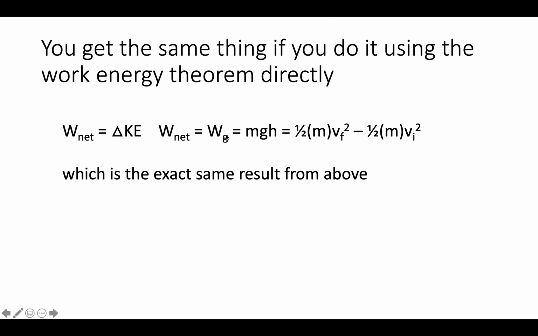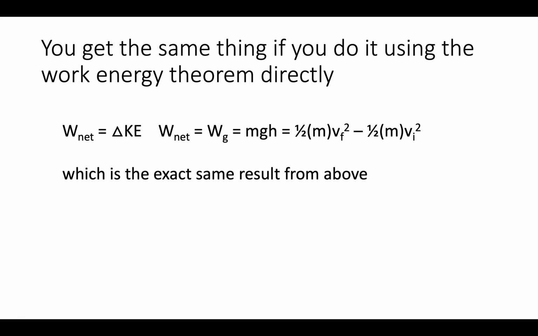The work done by gravity you could say is mg sine 30 times the length of the incline, or it's just the straight down distance because it's independent of path. The easiest way is to say the work done by gravity equals mgh, or mgy, I should have said, if I'm using the same variable, which is exactly equal to the loss in potential energy.